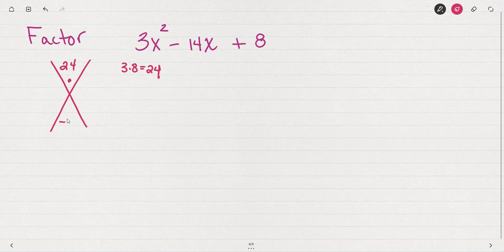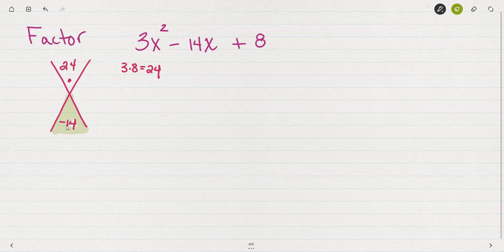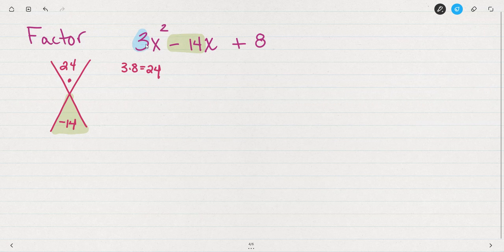The negative 14 just carries down to the bottom part of the chart. So negative 14 comes from the coefficient of x. 3 times 8 is where I get this 24.